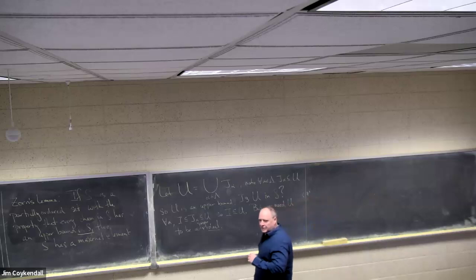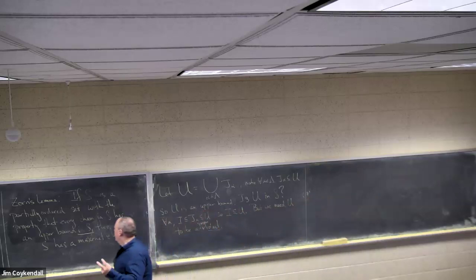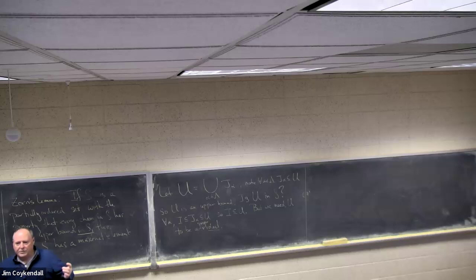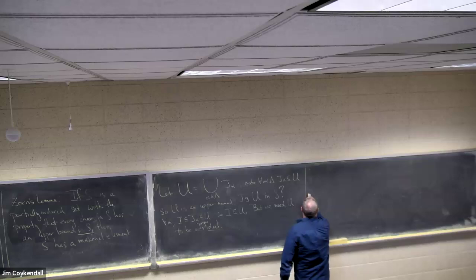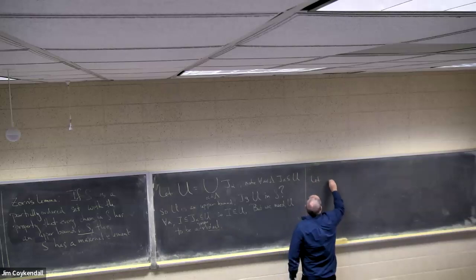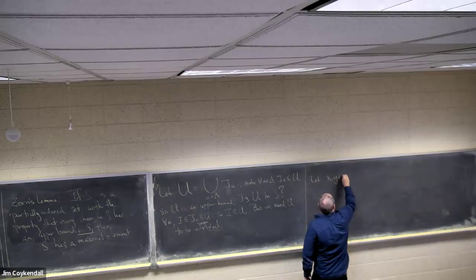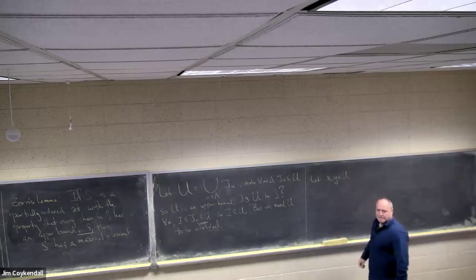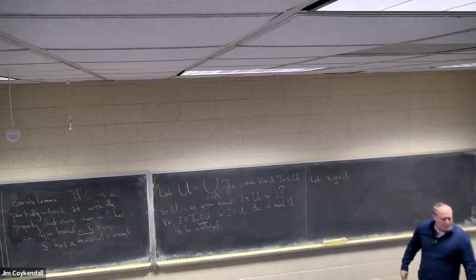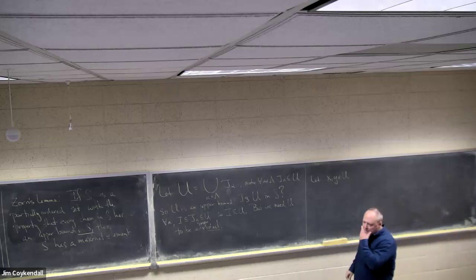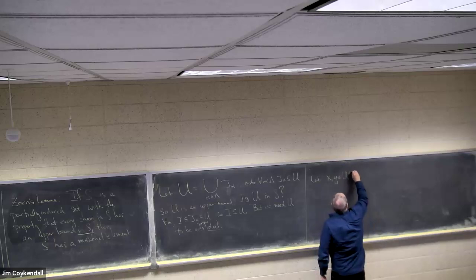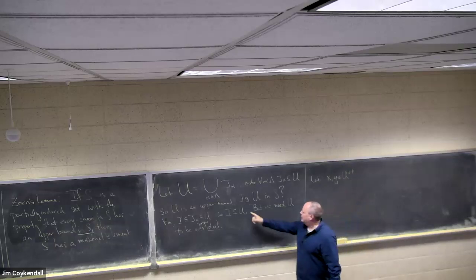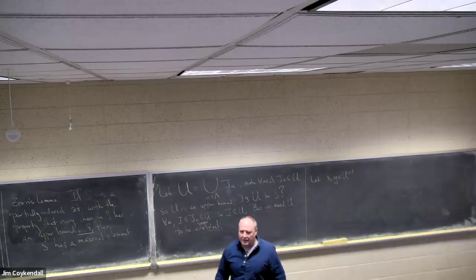I claim U is an ideal. There are two things we have to do: show that it's a subgroup, and show it absorbs multiplication. And let me also point out, U is not empty. We know that because I is contained in U.